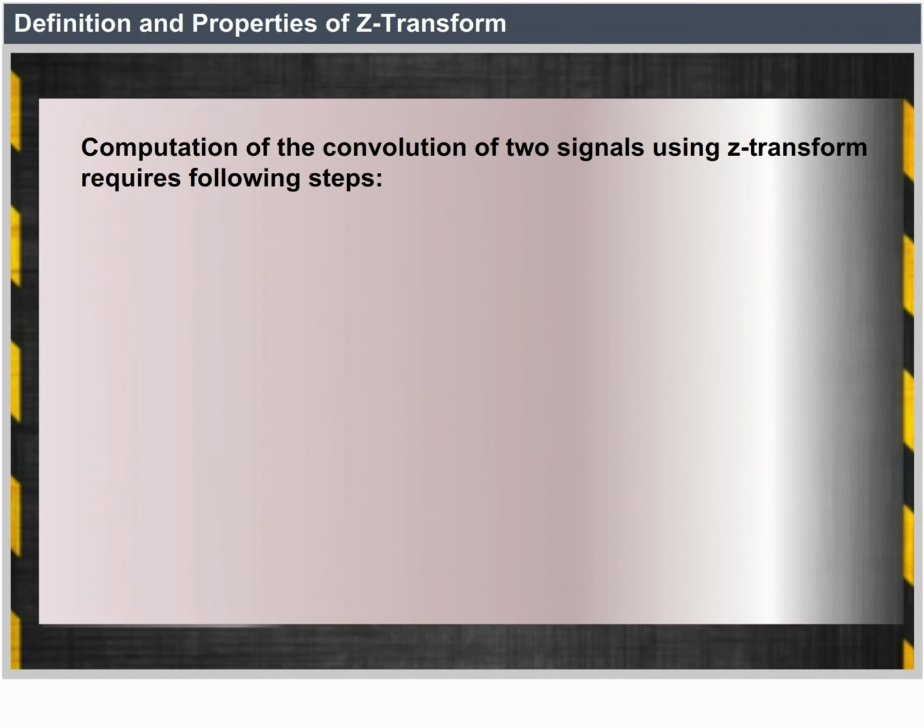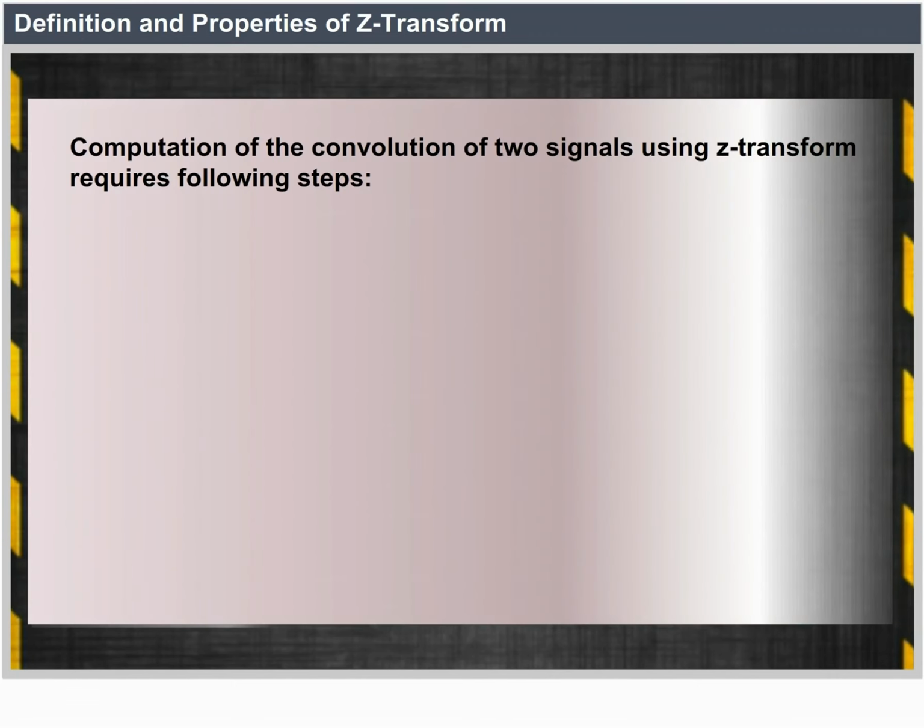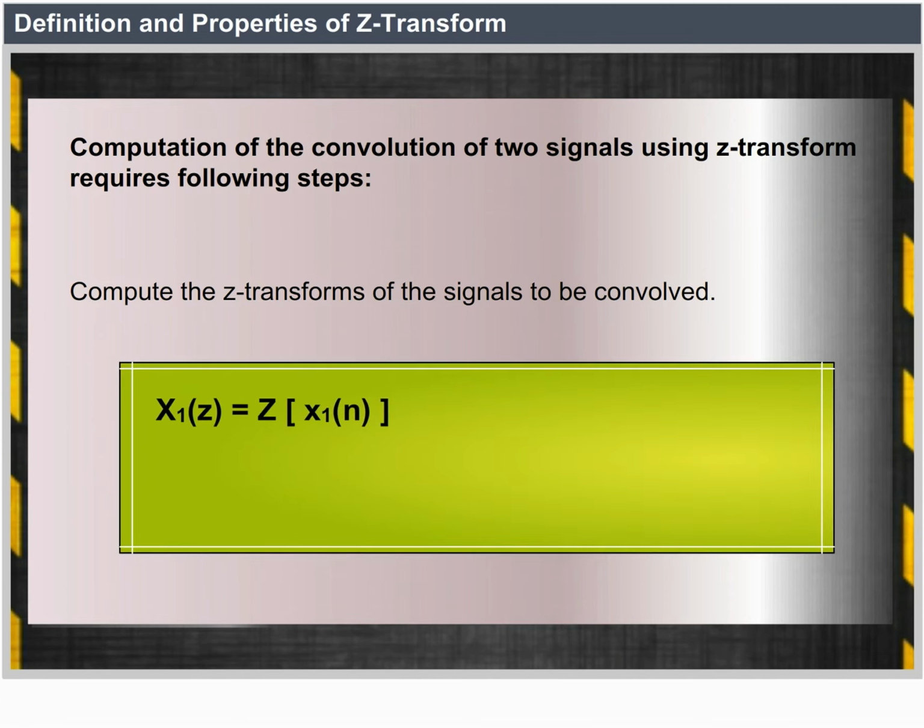Computation of the convolution of two signals using Z transform requires the following steps. Compute the Z transform of the signals to be convolved: X1 of z equal to Z of x1 of n, then X2 of z equal to Z of x2 of n, where the domain is z.